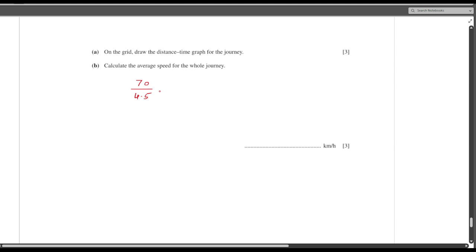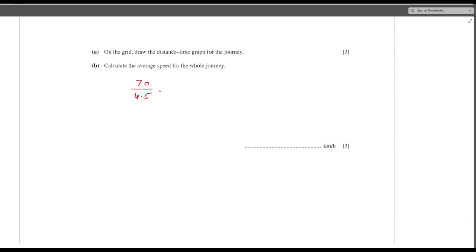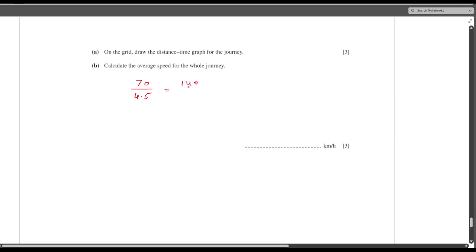So 70 divided by 4.5 is equal to 15.55, or you can say that this is 140 divided by 9. So I will say that 140 divided by 9 kilometer per hour.